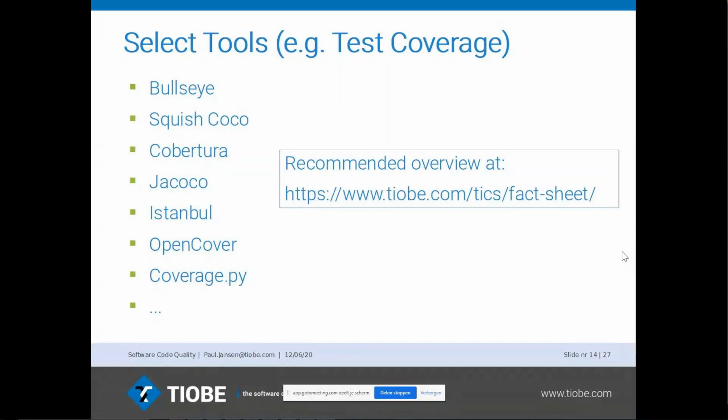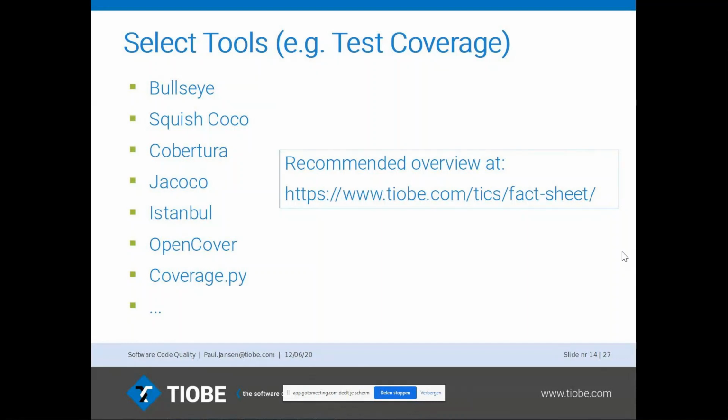I made a very small selection here of, for instance, tools that measure test coverage. And well, there are hundreds of these tools doing this. So I just mentioned some of them, like Bullseye, Squish Coco. And of course, it also depends on your language. For instance, if you are doing JavaScript, then Istanbul is a very nice tool to use.